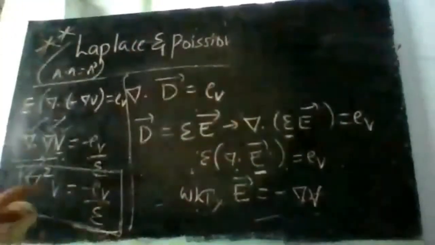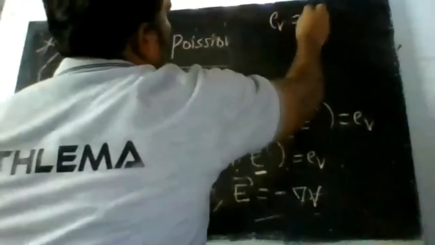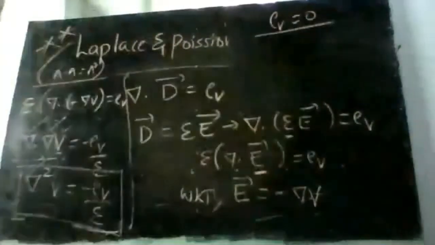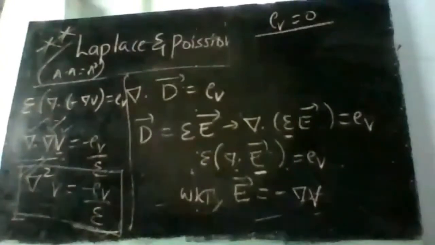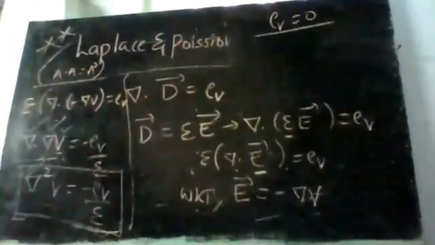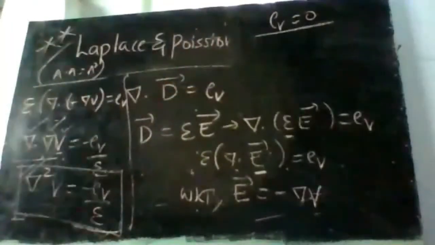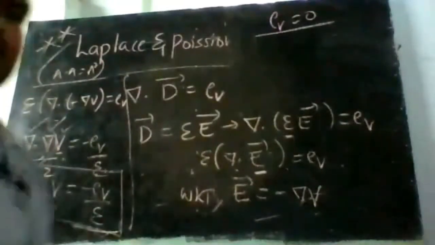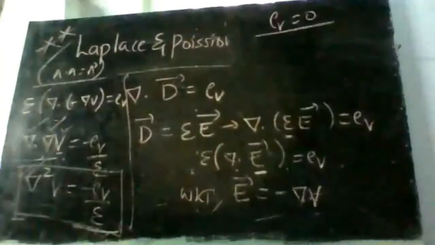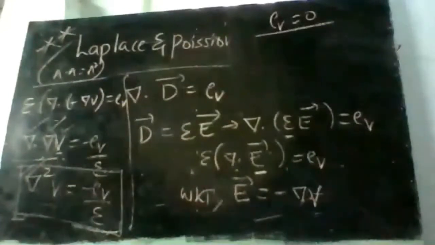Now, if the volume charge density of any material is equal to 0, when will the charge density become 0? For what kind of materials? Obviously for dielectrics. A dielectric does not have any charge particles.